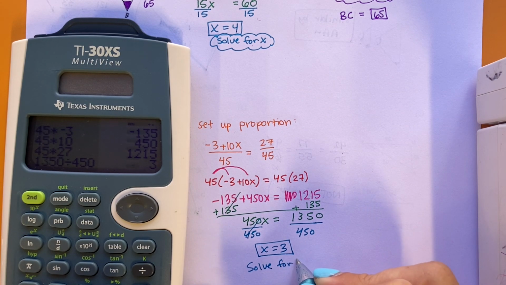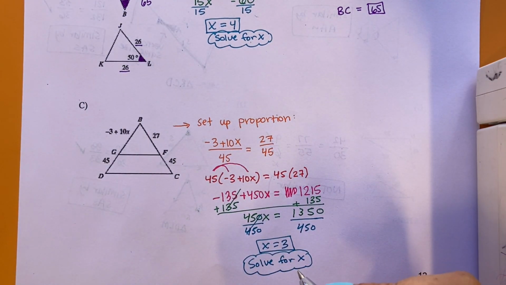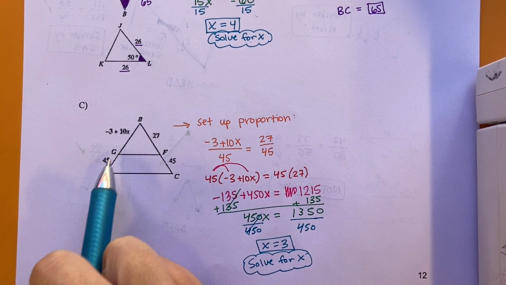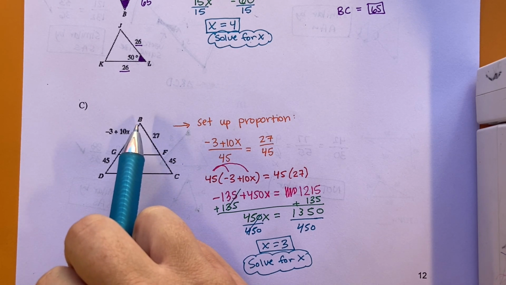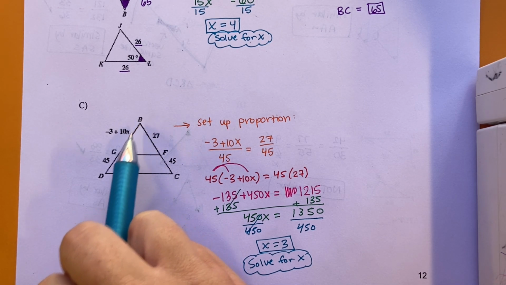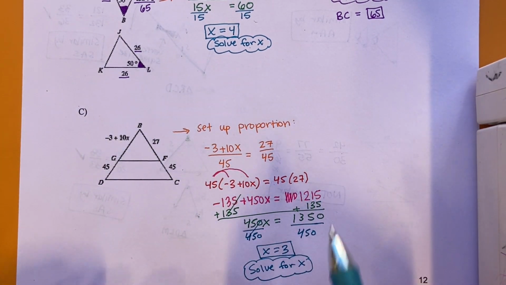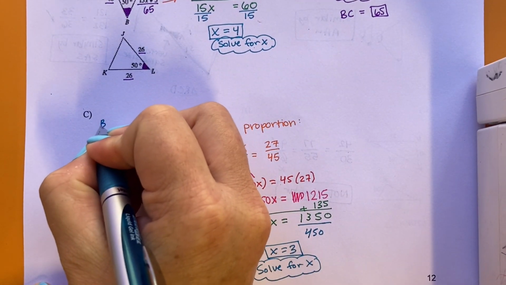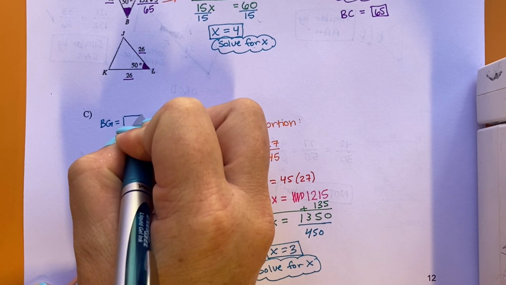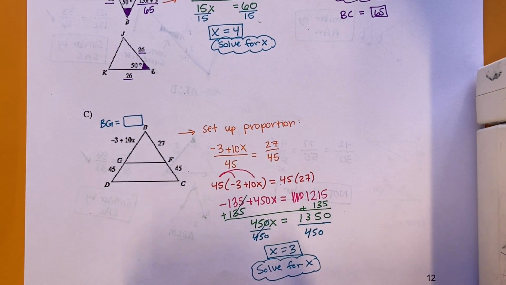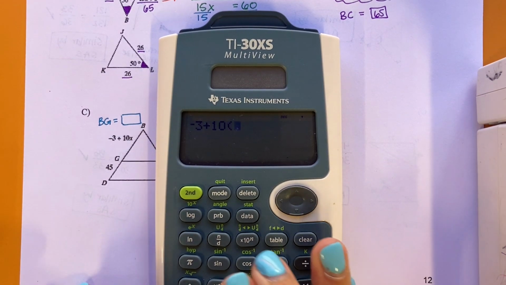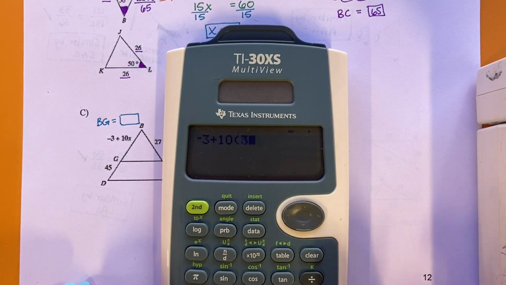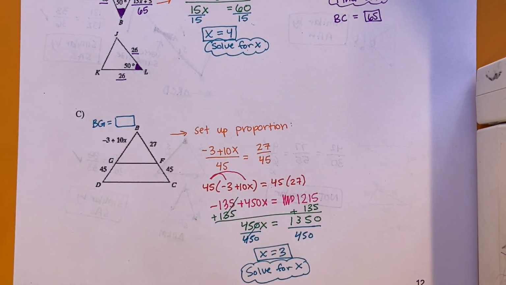Solve for x. Now let's see if they have any missing sides, if they could want them. D to G is 45, F to C is 45, B to E is 27, B to G, if I plug it in, -3 plus 10 times the x was 3, is 27.